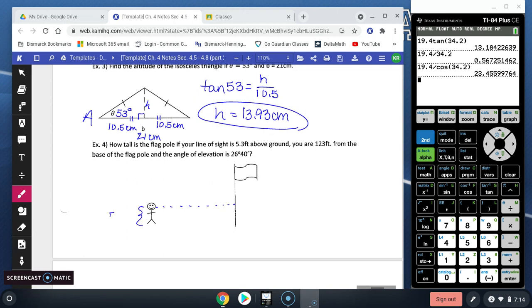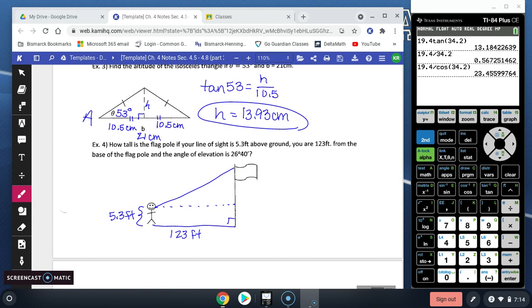Okay, example 4. How tall is the flagpole if your line of sight is 5.3 feet above the ground? Okay, so this is 5.3 feet. And you are 123 feet from the base of the flagpole. So here, this is 123 feet. And the angle of elevation is 26 degrees 40 minutes.